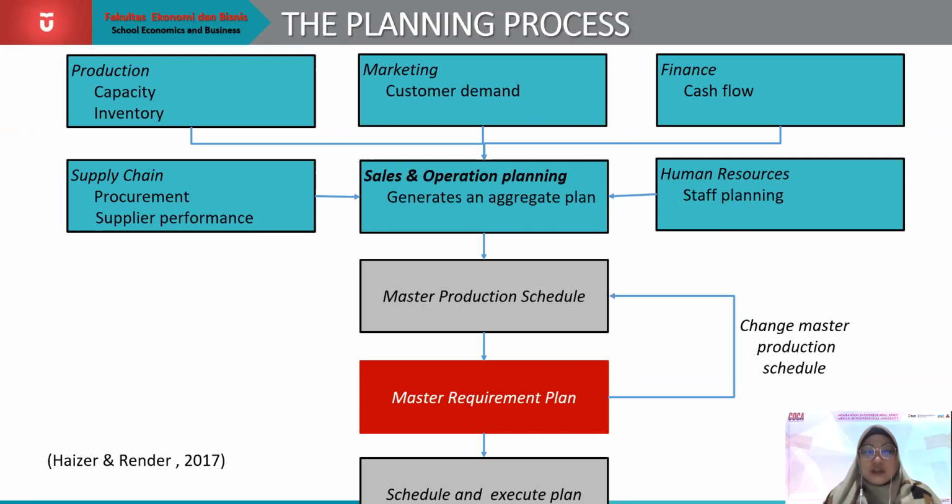For example, you need to plan the supply chain, the production, the marketing, finance, human resource, sales and operation planning, and also the master production schedule and the material requirement planning and other planning that you need. But in this MRP, there is a step like you see in the picture.